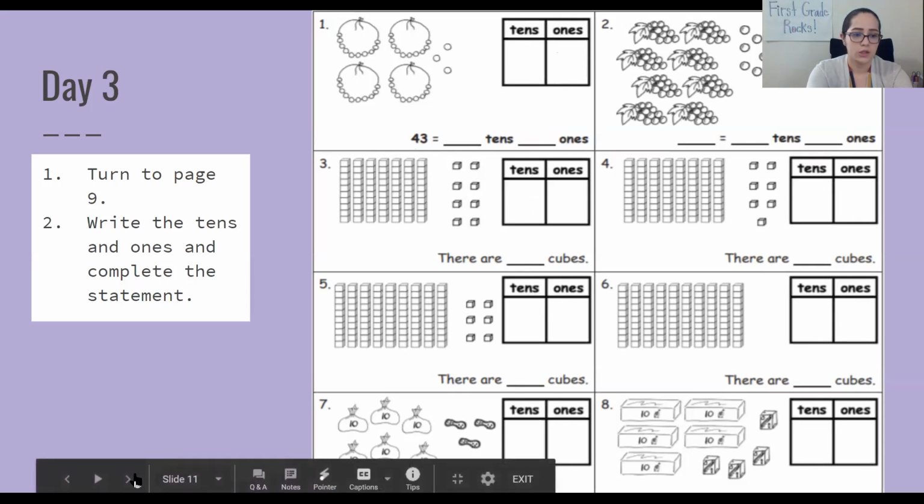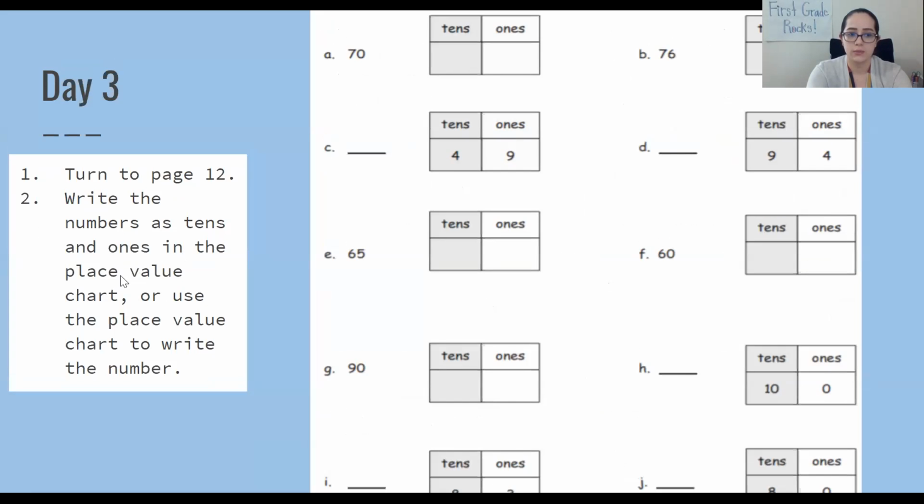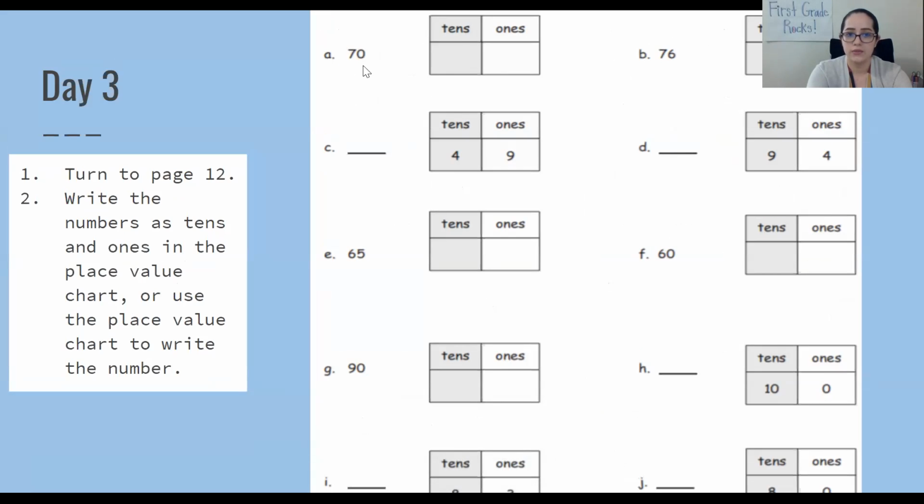Okay. Your next activity for day 3 is on page 12. And here we're going to write the numbers as tens and ones in the place value chart, or use the place value chart to write the number. So for example, A gives us the number, so we need to write this number into our place value chart.